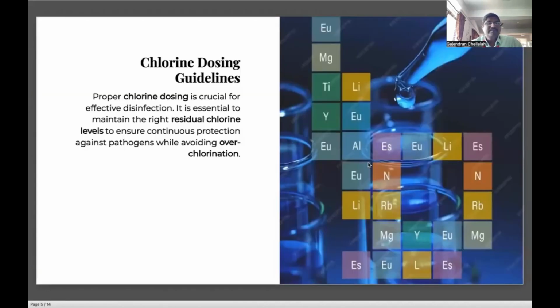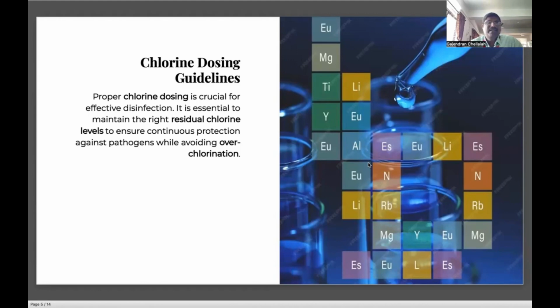Chlorine dose guidelines. Proper chlorine dosing is crucial for effective disinfection. It is essential to maintain the right residual chlorine levels to ensure continuous protection against pathogens while avoiding over-chlorination. It should not be overdosed, and it should not be underdosed also.